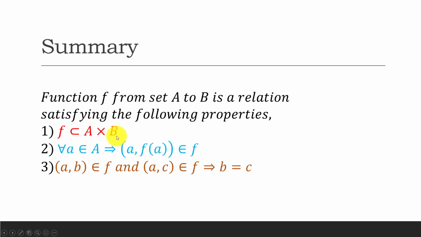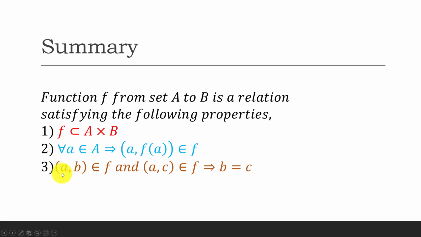Second, for all a belonging to A, that means our left hand set, our independent set, we will get a tuple a comma f of a, which must belong to f.